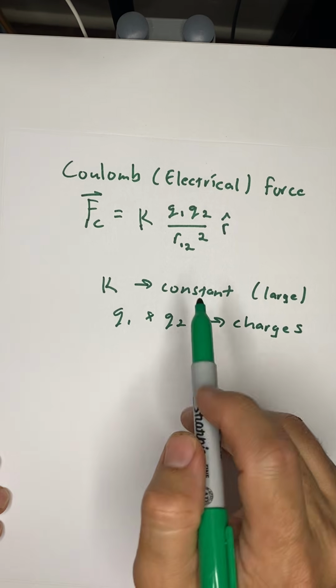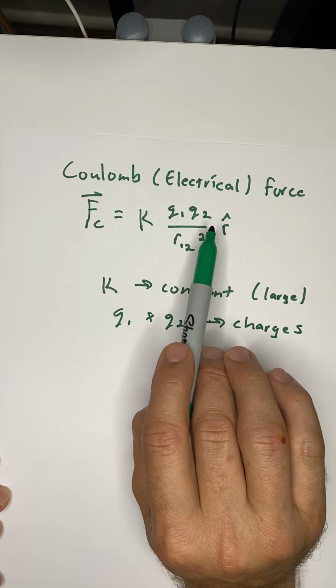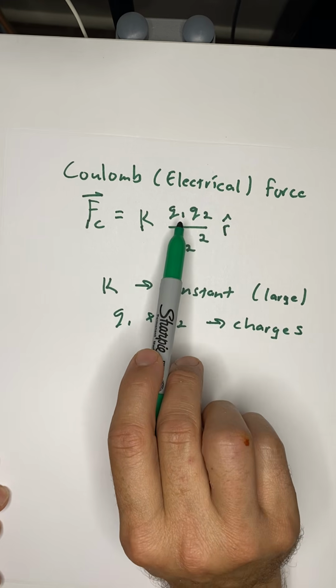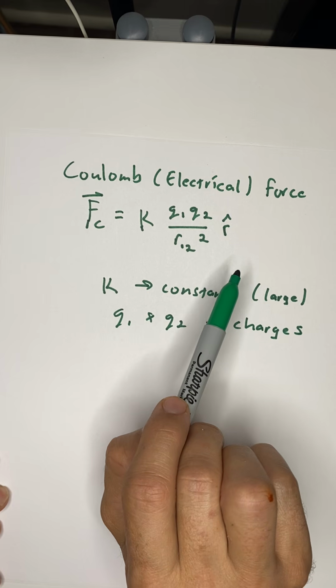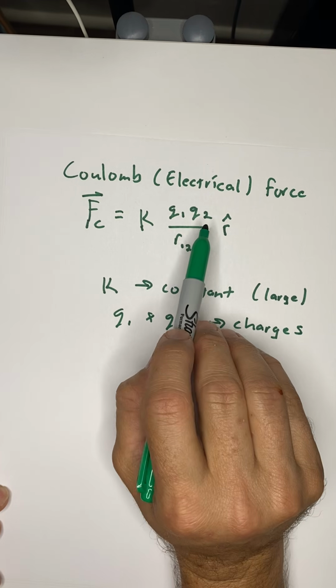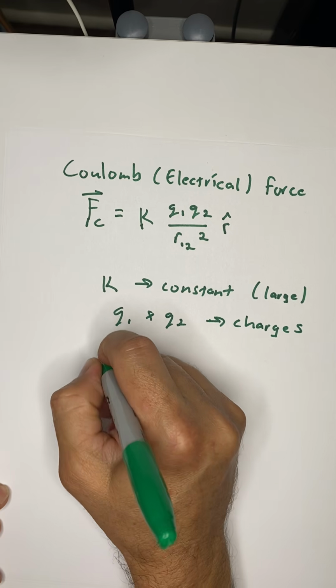So these are two charges in proximity to each other that are exerting forces on each other. You can read this as the force of Q1 onto Q2. You might be able to convince yourself with Newton's third law that the magnitude of that has to be equal to the force of Q2 on Q1. But at any rate, Q1 and Q2 are the two charges involved in this force.